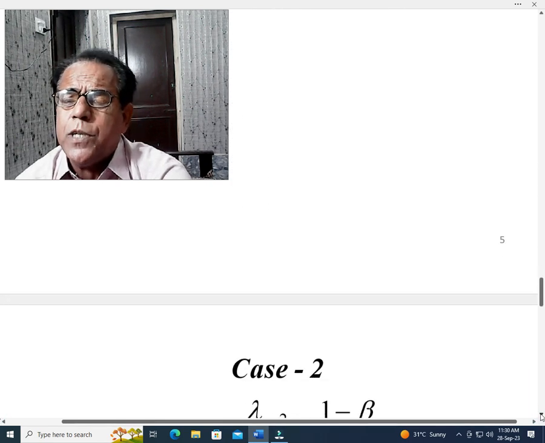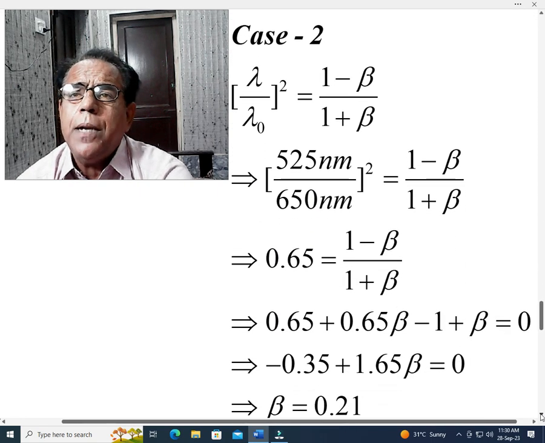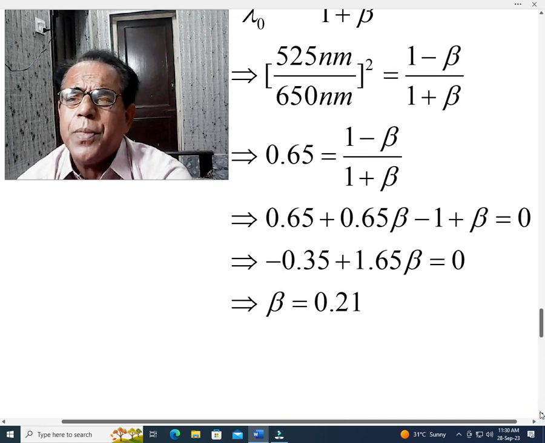Now we come towards case 2. Case 2, lambda over lambda naught equal to this, here we will use these two terms which are involved. Same procedure, no difference. Here beta becomes equal to 0.21.